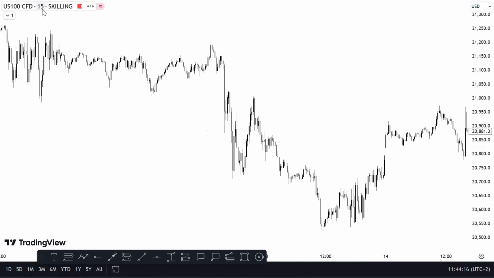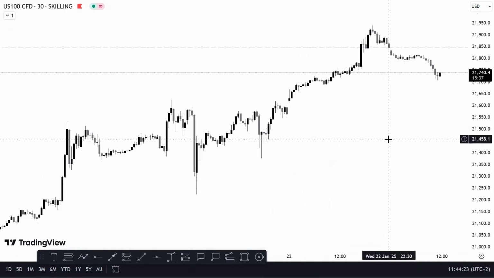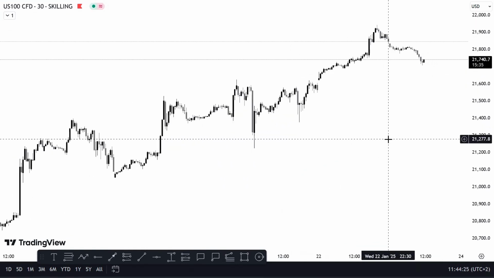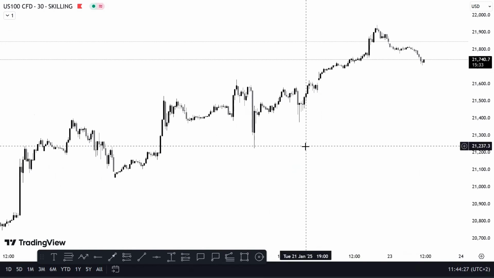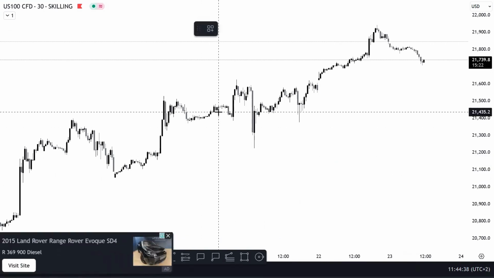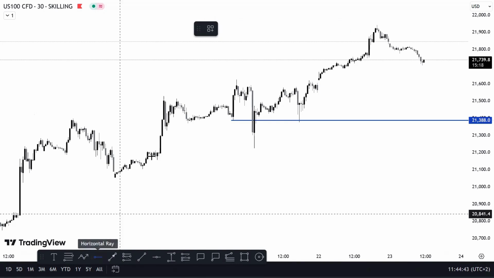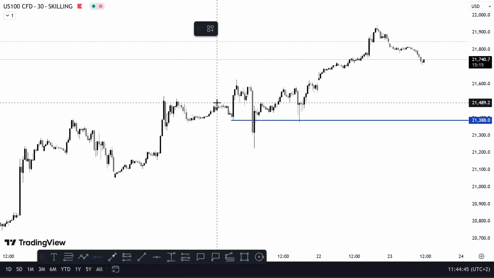All right, let's try M30. Okay, we can take this one. It's not really appealing, but we're not making it up either. But we can also take this one here.